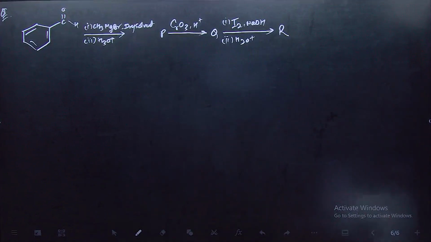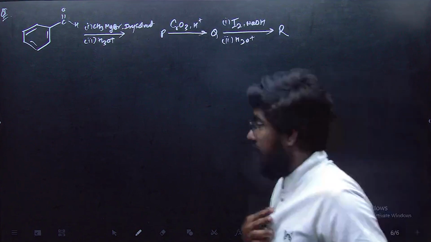I think this is correct. If you use CH3MgBr, I am solving just alongside. Okay, so let's do this together. Treating with CH3MgBr will give me that, and then followed by this, yes, you get yellow precipitate.